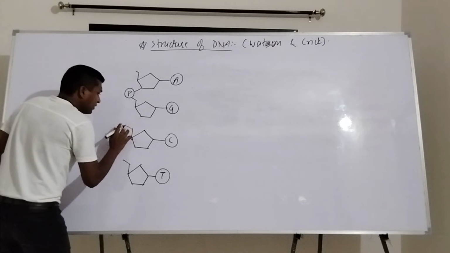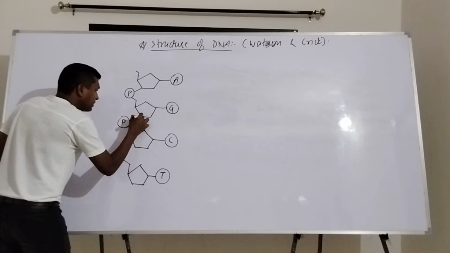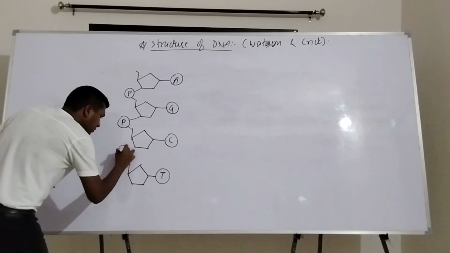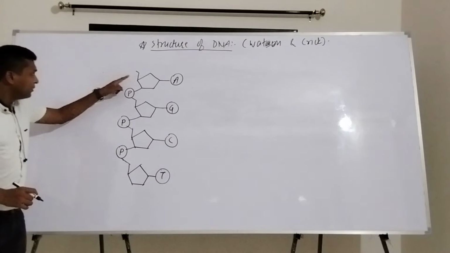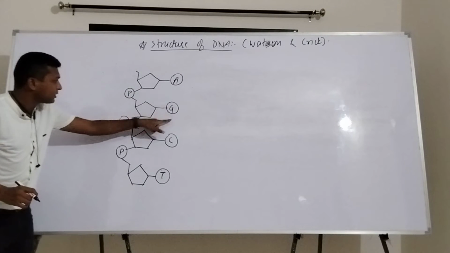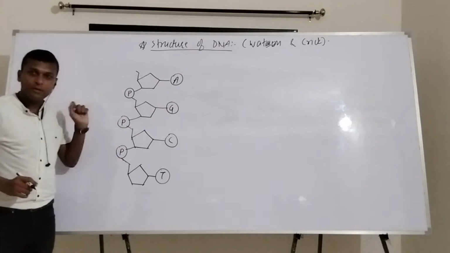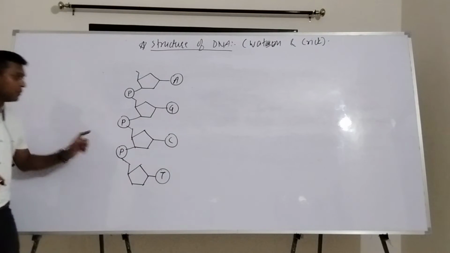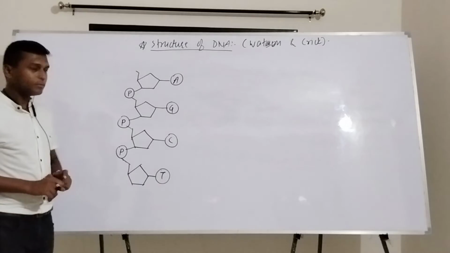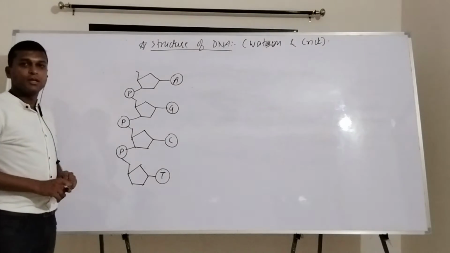Likewise, another phosphate group will remain present here, and another here. Now, this particular thing is called a nucleotide. This is again a nucleotide. This one is also a nucleotide. This is one strand of the DNA.